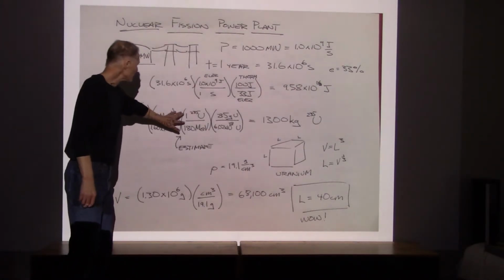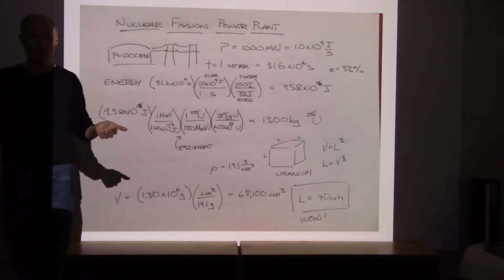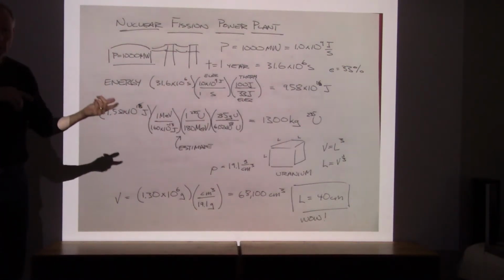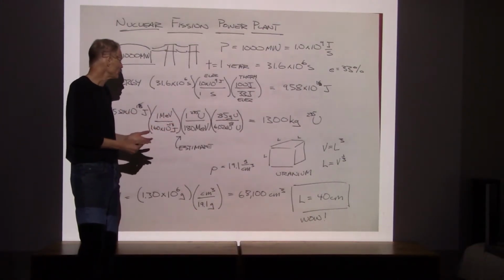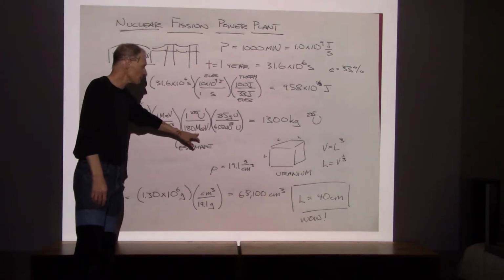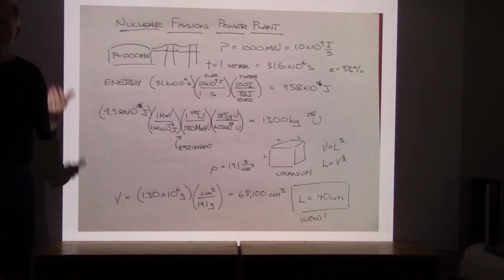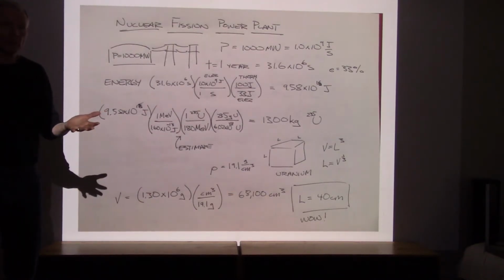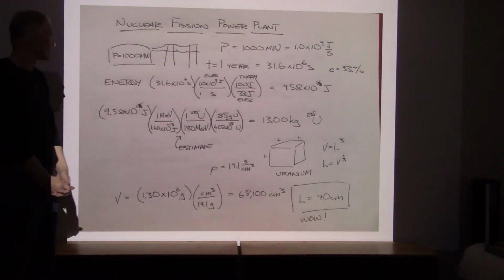And then I'm going to use the number that we just calculated. We did that Q calculation in an earlier example and found that for that particular fission, we were getting 180 MeV, and that's a pretty typical number. If you run these Q calculations for fission reactions, you're getting roughly 180 MeV on average.